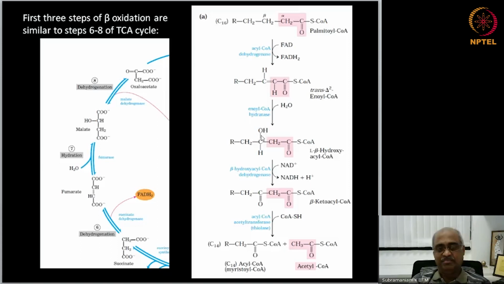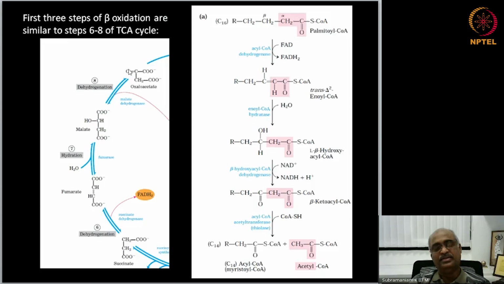Now this is a beta-hydroxyacyl-CoA, and the dehydrogenase would be called beta-hydroxyacyl-CoA dehydrogenase. That uses NAD as the coenzyme, exactly the same way as malate dehydrogenase converting into oxaloacetate.